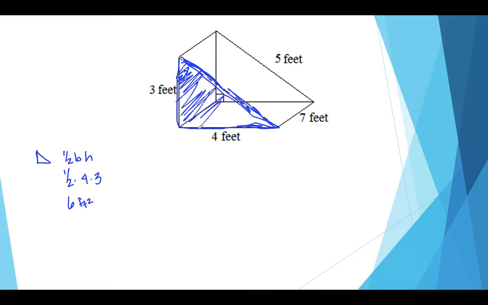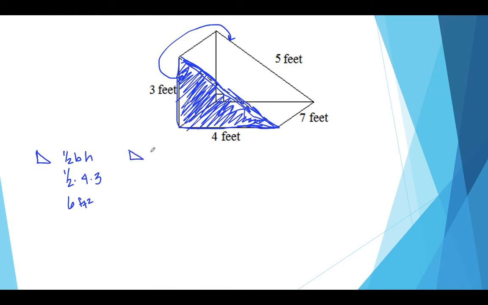Now, if you remember from the original video a couple days ago about prisms and pyramids, a prism has two bases that are identical, the exact same. So if you look at the back of this shape, you will see another triangle that's actually exactly the same as this triangle that we just found the area of, the one on the front. So you can write it again, the exact same thing.